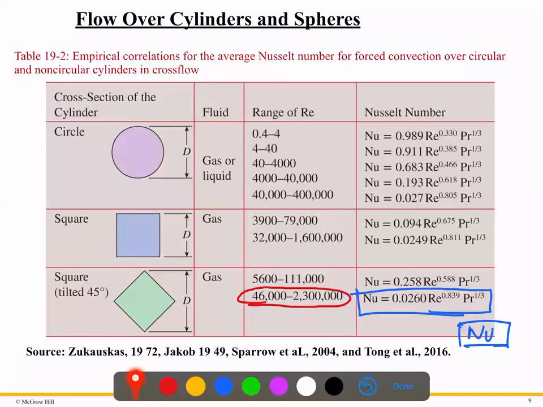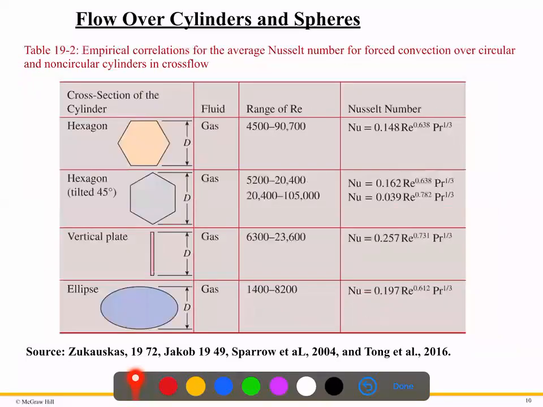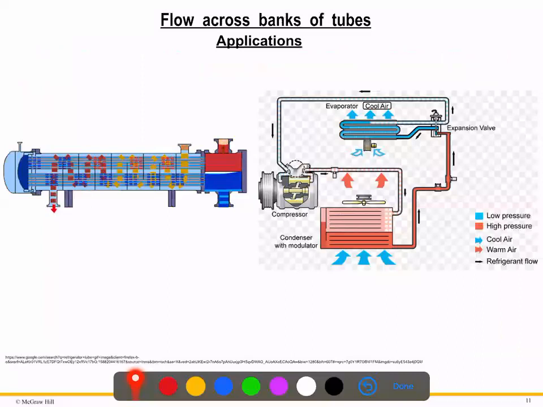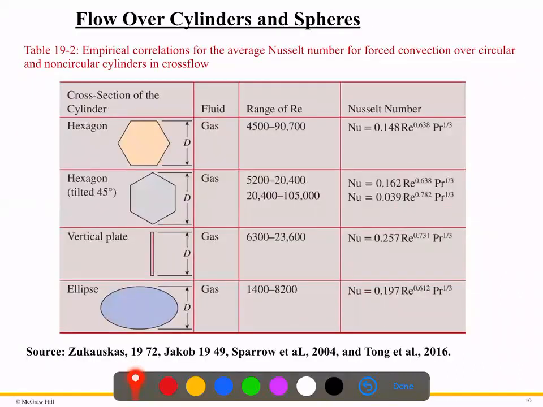All the questions have a similar pattern for these heat transfer sections. Here are some other geometries like the hexagon, the vertical plate, and the ellipse. You see all the related expressions here. You do not need to develop or derive any theories in this case.